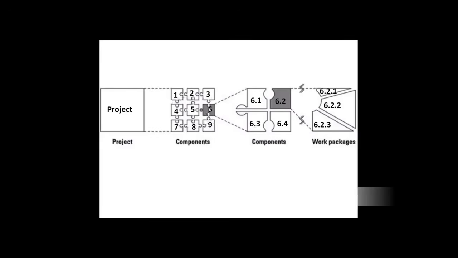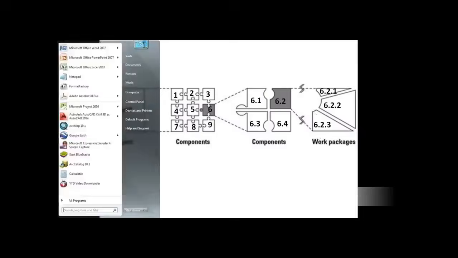If we look further, component 6 has 4 subcomponents: 6.1, 6.2, 6.3 and 6.4, and component 6.2 is divided into 3 work packages: 6.2.1, 6.2.2, 6.2.3. So this is basically the structure of WBS, that is, work breakdown structure.